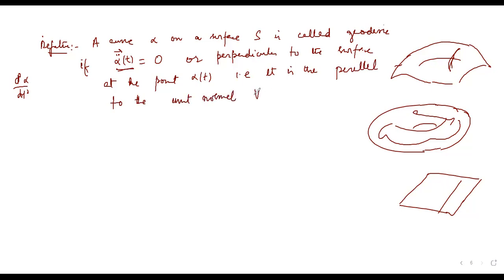For all values of parameter t. What I mean is that either its double derivative is zero, or alpha double dot is perpendicular to the surface. It is perpendicular to the surface at each point of the curve.